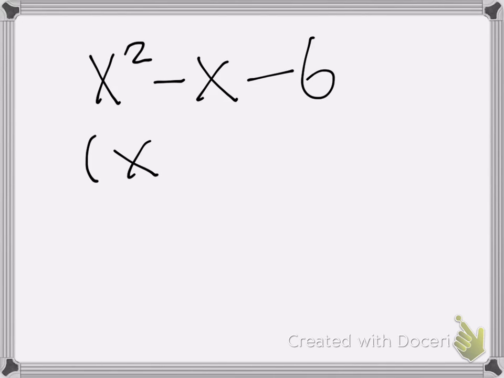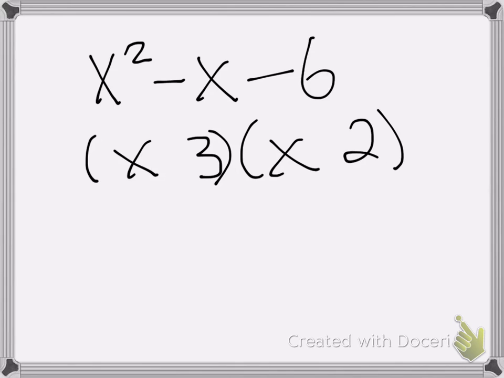So here we go. We've got x squared minus x minus 6 went into our big, long polynomial, all right? So we factor that into x and x, 3 and 2, minus on the 3, plus on the 2. So there's 2 of the zeros, x equals 3, x equals negative 2.